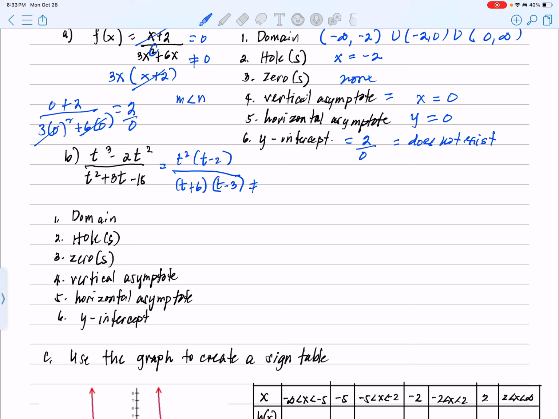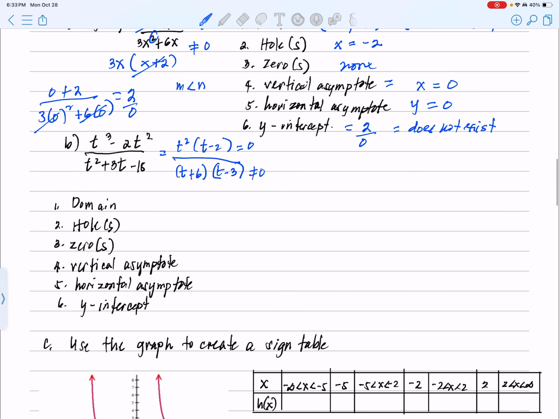The denominator must not equal 0 for a rational function, and for zeros we equate the numerator to 0. Do we see any holes here? Nothing cancels out, so there are no holes.